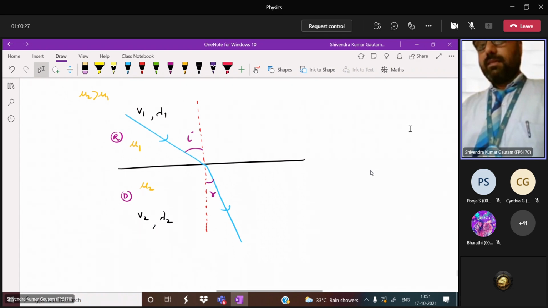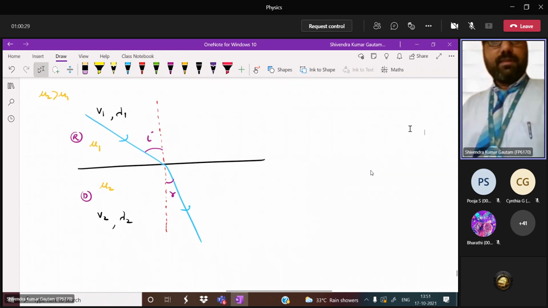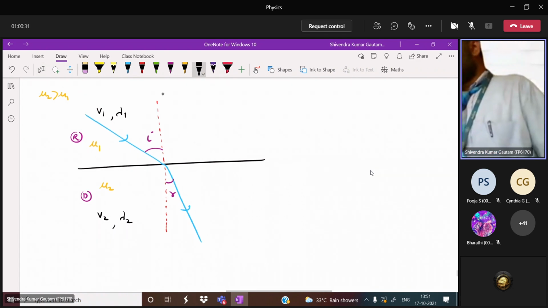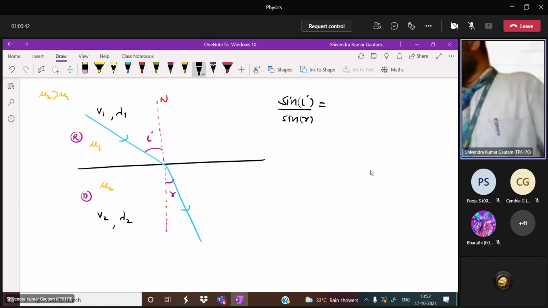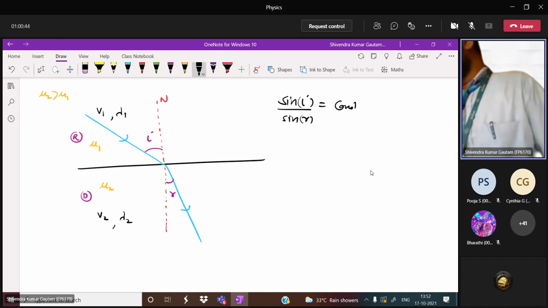Snell's law means the ratio of the sine of the angle of incidence to the sine of the angle of refraction. You know this is the normal. Sine I divided by sine R is equal to a constant for a given pair of media.